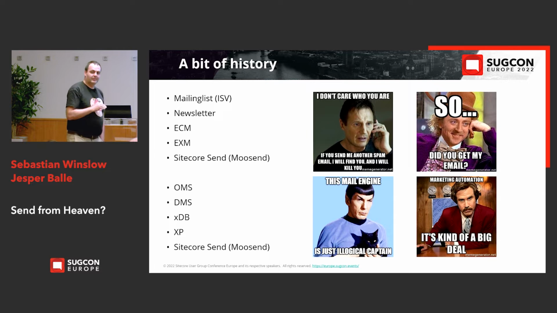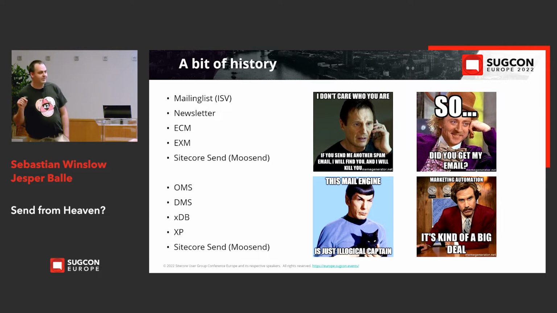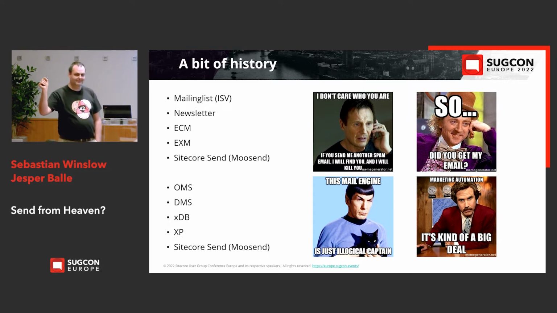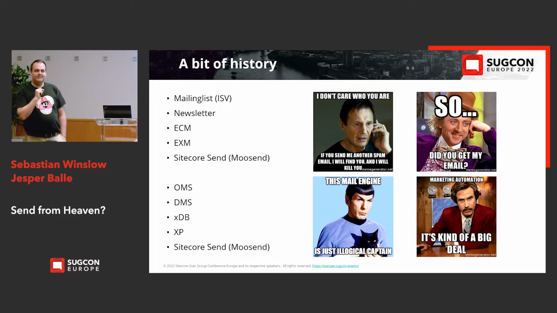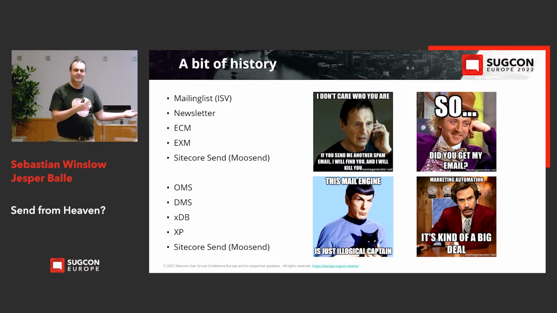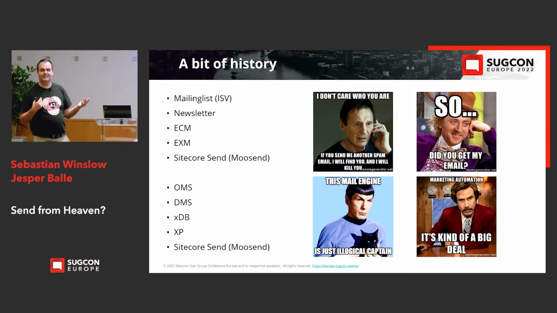Then Sitecore took over and created newsletter, and the reason why they did it originally was actually because they were being disqualified in the platform selection process for clients not being able to put a check mark. Right? So the first 2 iterations is basically not because it as such belonged to the product, it's more because it needed to be there in order to not be disqualified in selling the real product.